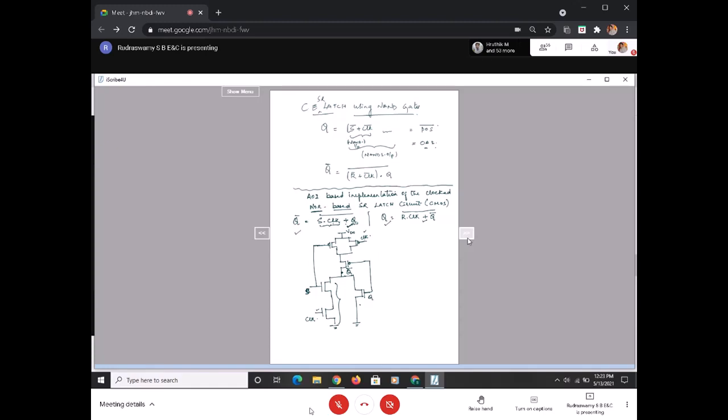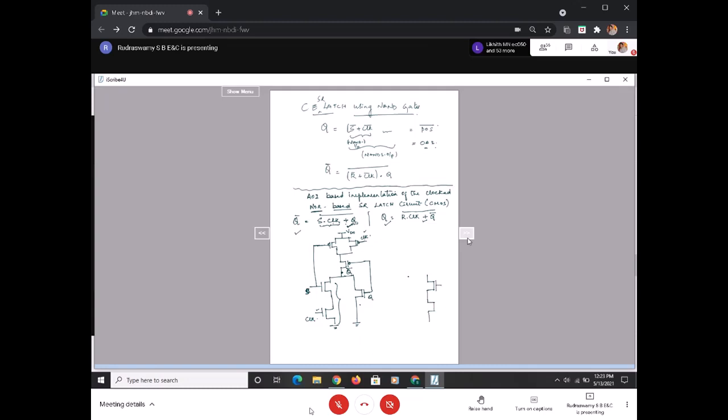Now I'll be drawing the same kind of structure for Q to the right of this. You can have anything: on the left you can have Q and on the right Q bar, irrespective of whatever, but make sure that all are fine. So now I will have two NMOS in series.